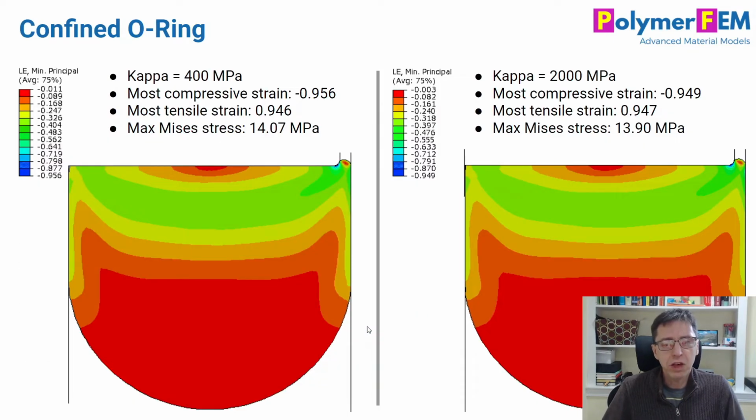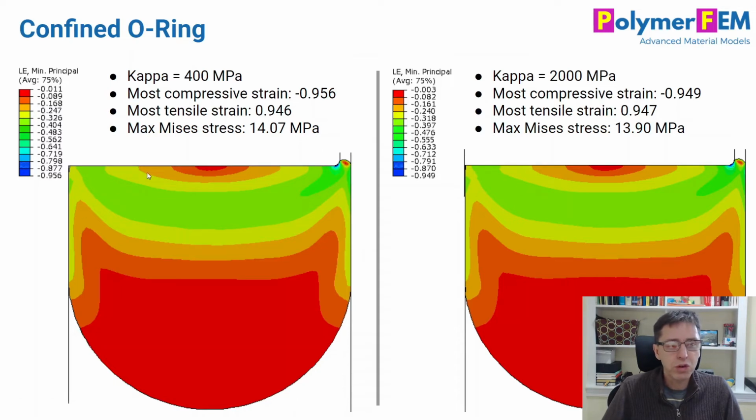And the results are here. On the figure to the left, I look at the response when the bulk modulus is 400 megapascal, and on the figure to the right are the results when the bulk modulus was 2000 megapascals. Very big difference, 400 to 2000. But if you look at the maximum compressive strains, they are pretty much identical. The maximum tensile strains are also pretty much identical. The maximum mises stress is a little different, but very similar after all.